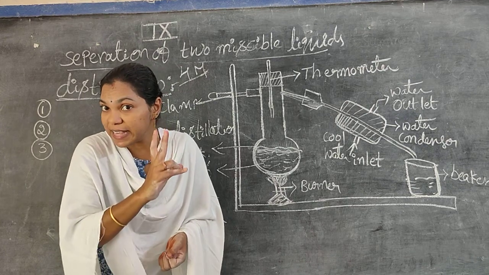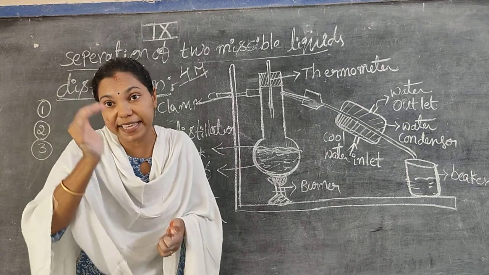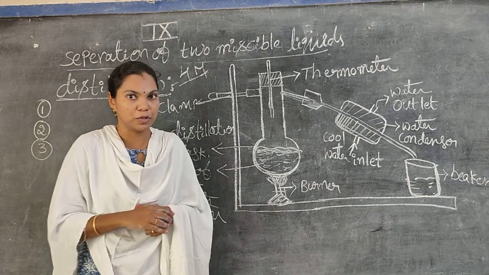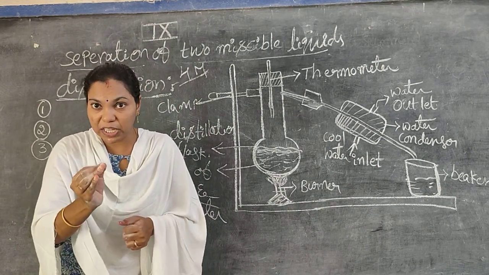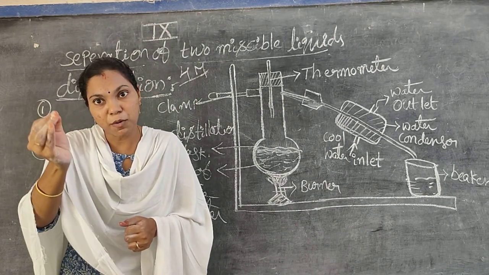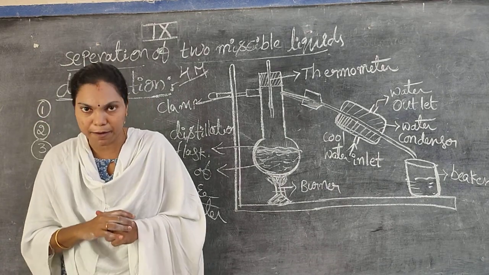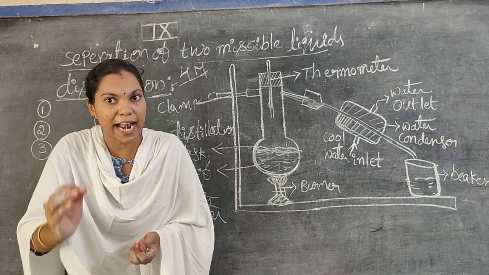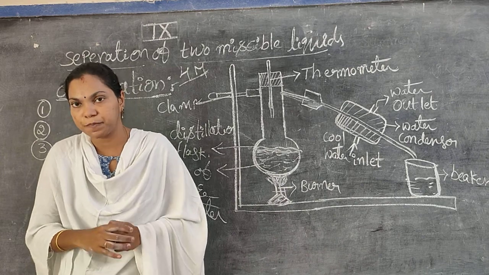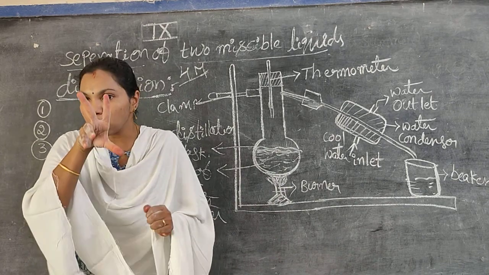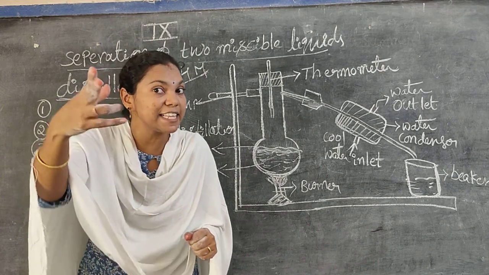When the boiling points of the two liquids differ by more than 25 degrees Celsius, a very important note. When two miscible liquids are present in a mixture, and we want to separate them by the distillation process, the boiling point difference must be more than 25 degrees Celsius.